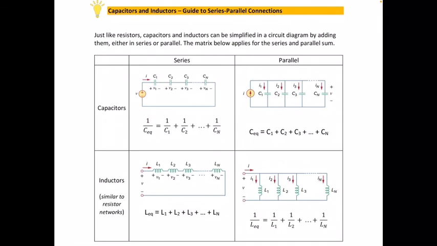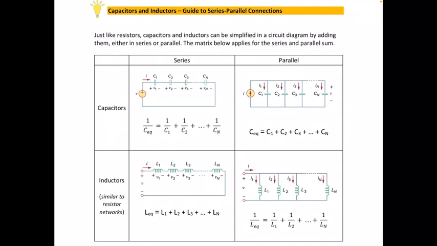But let's start with inductors, because the way that we add inductors either in series or parallel is very similar to how we add resistor networks. So inductors connected in series can be added in a very plain manner.